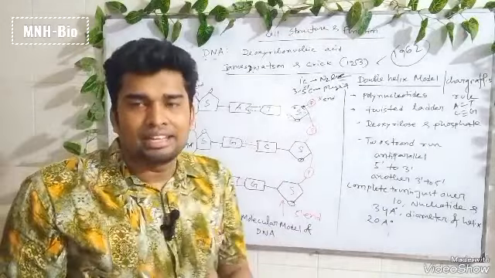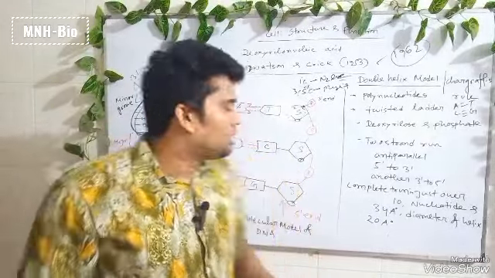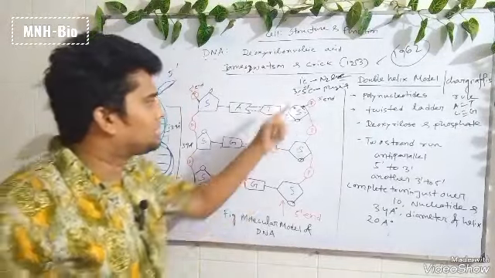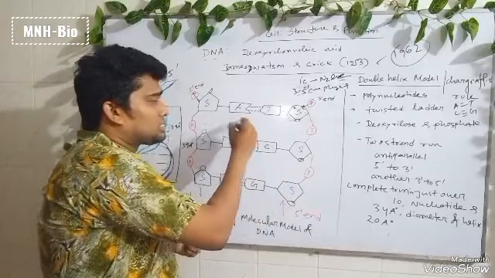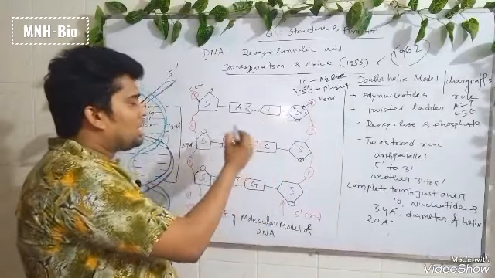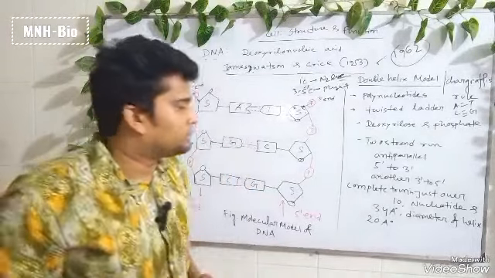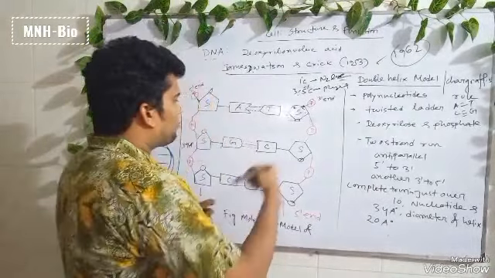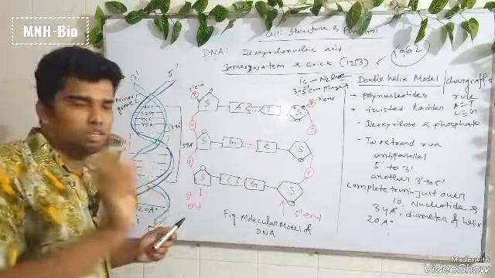One is 5 to 3, the other is 3 to 5. Again, adenine is connected with thymine by 2 hydrogen bonds, and guanine with cytosine by 3 hydrogen bonds. A complete turn of the DNA strand has 10 nucleotides.